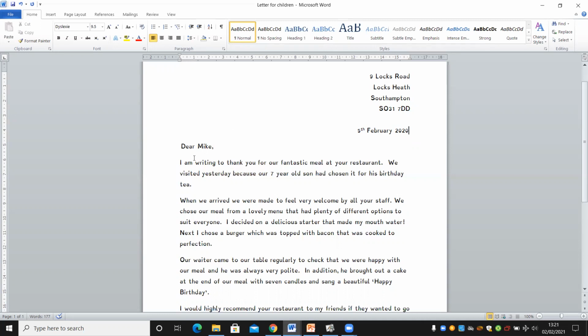Now let's have a look. We have which part of the letter here? The greeting, that's right. And we must remember that capital letter at the beginning of Dear. And what punctuation do we need at the end of the greeting? That's right, we need to remember a comma. And then we move on to the different paragraphs.